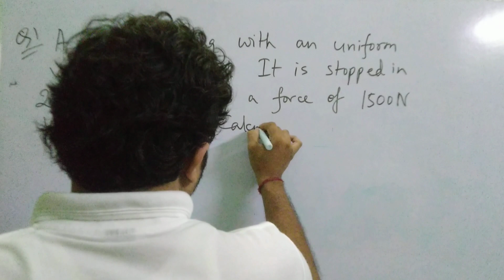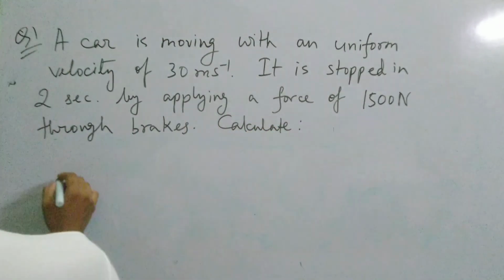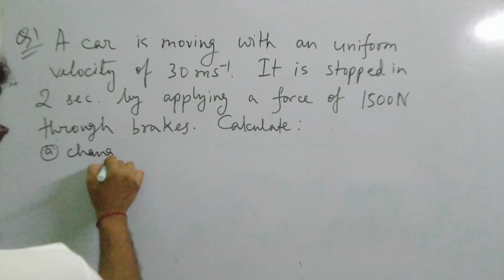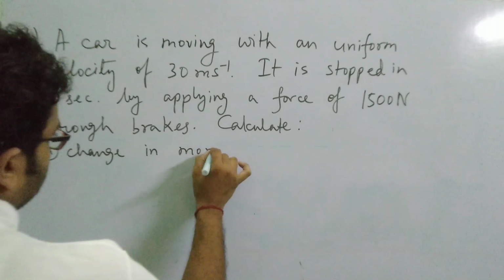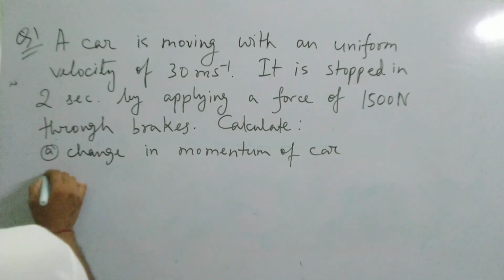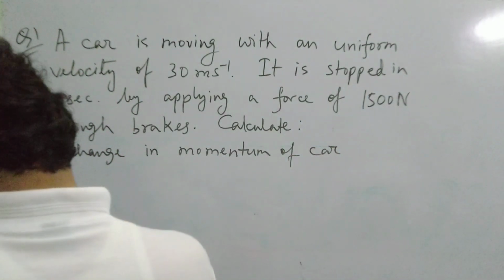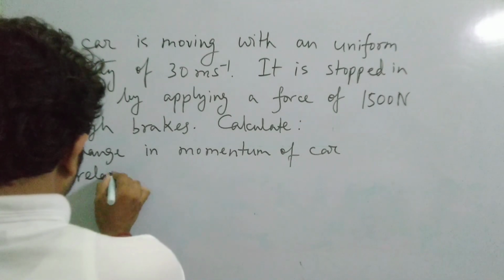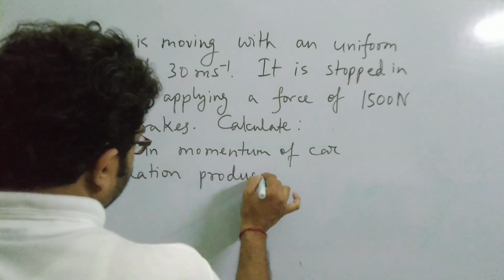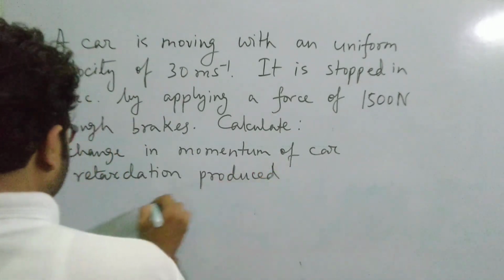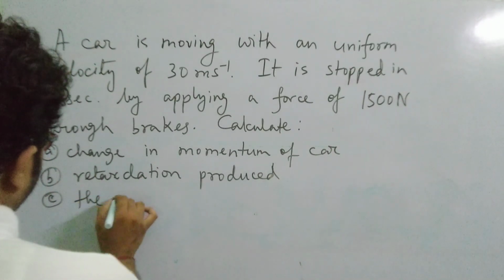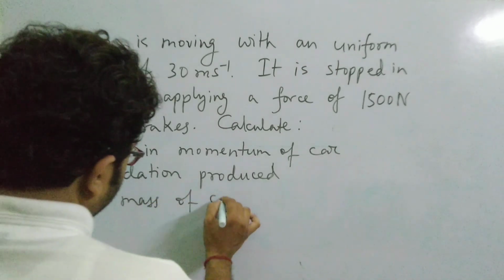So what do we have to calculate? Part A is the change in momentum of the car. Part 2 is the retardation produced in the car, and subpart 3 asks what the mass of the car is.